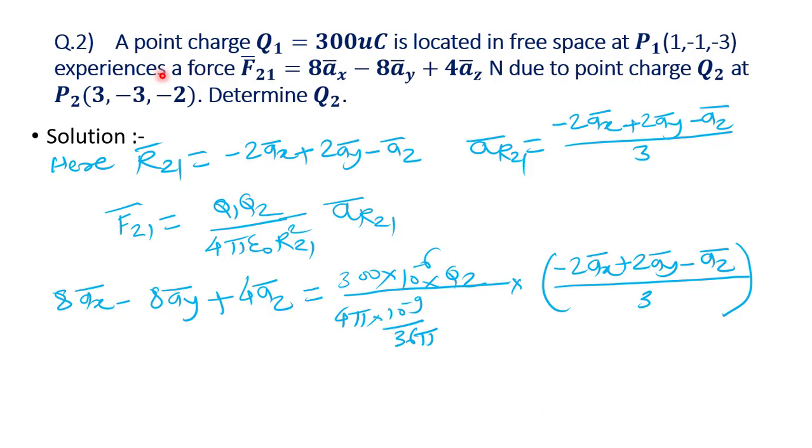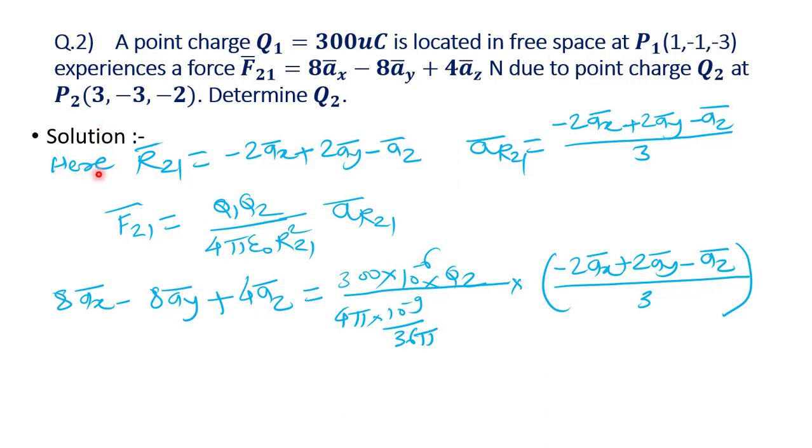It experiences a force F21 equal to 8ax bar minus 8ay bar plus 4az bar newton due to point charge Q2, which is situated at point P2 (3, -3, -2). Now it is asked to determine the charge Q2. So here the force value is given and it is asked to find the charge.